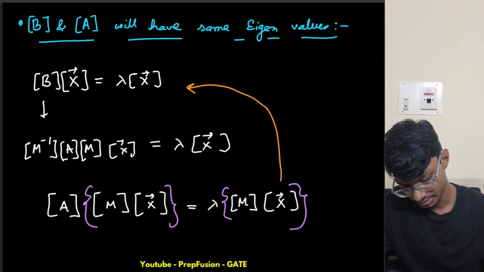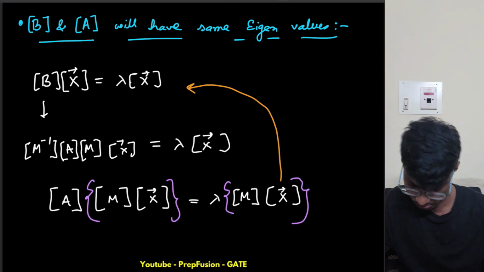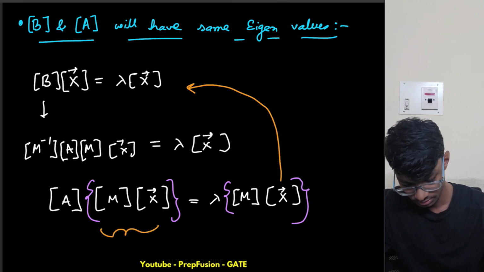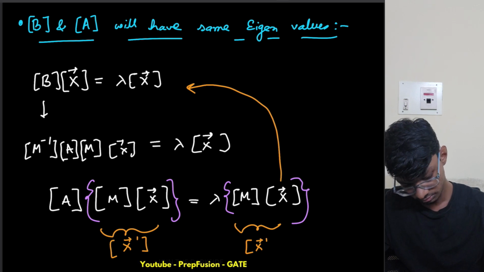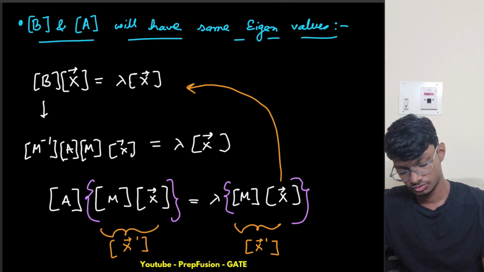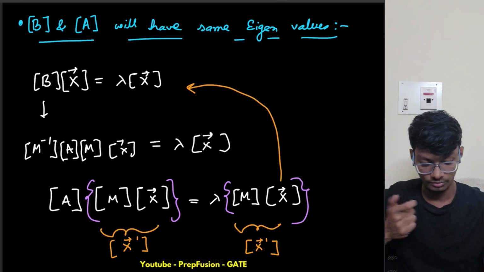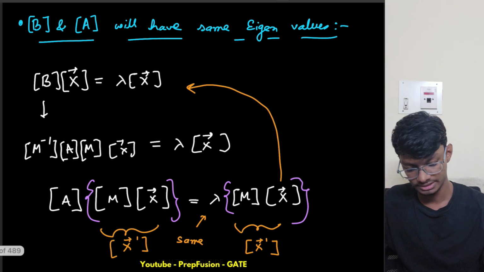Let me write it here. Let's say this is the x vector dash. So what we are saying is that the eigenvalue is the same.